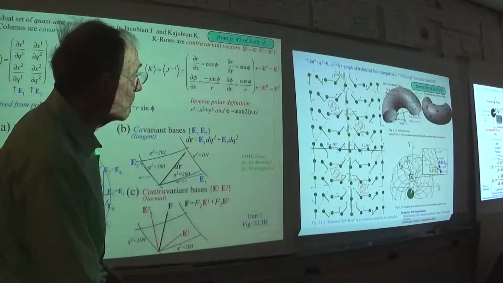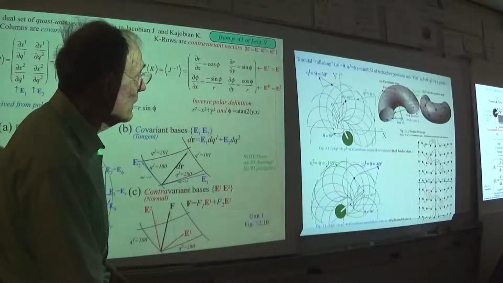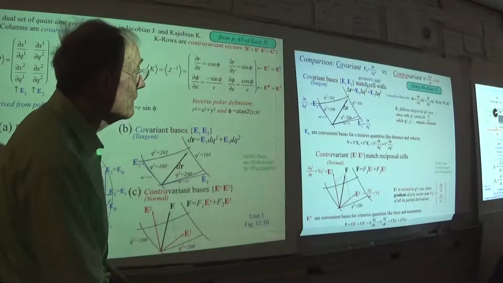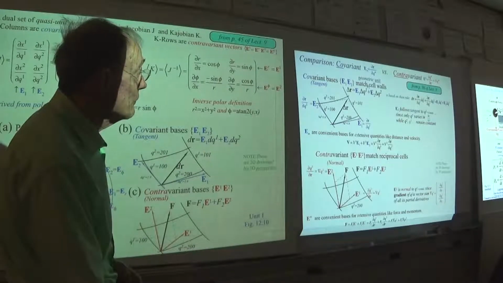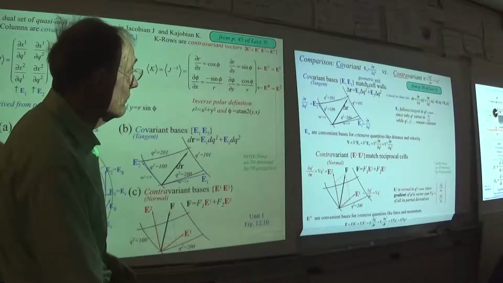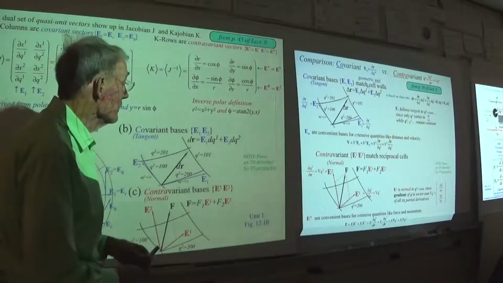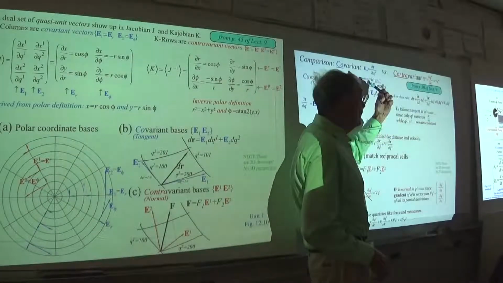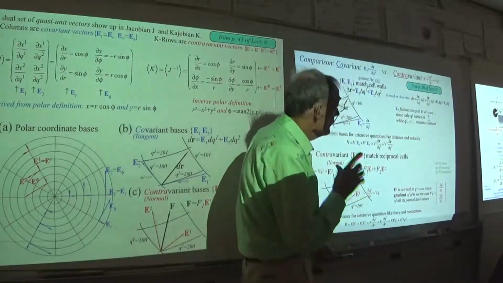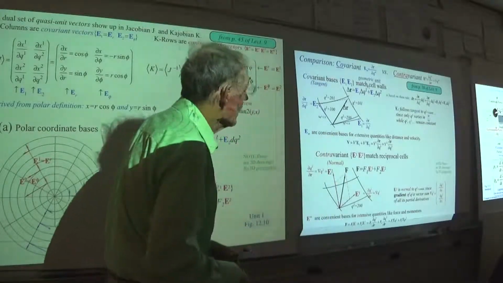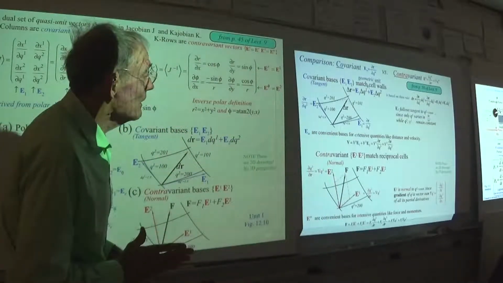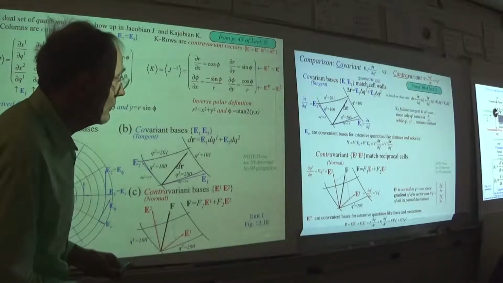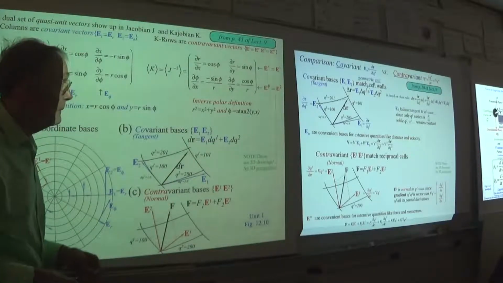The basic idea of these covariant coordinates involves realizing that they have to do with derivatives. So I want to make that point, that this thing right here, this E1 or E2, follows the tangent. It points in the direction of the tangent at the point in that curvilinear coordinate system where it's based.